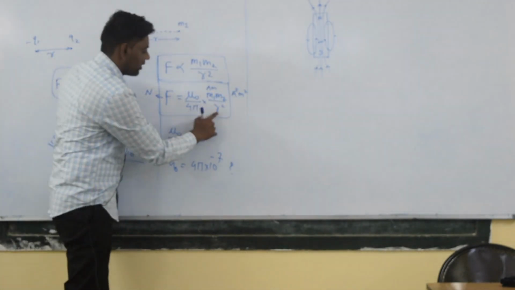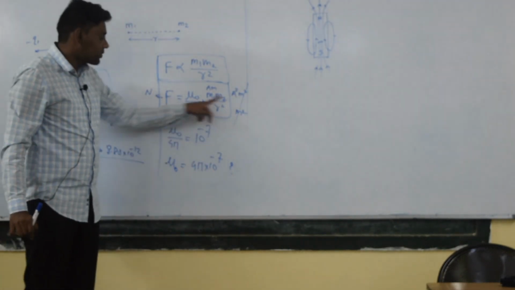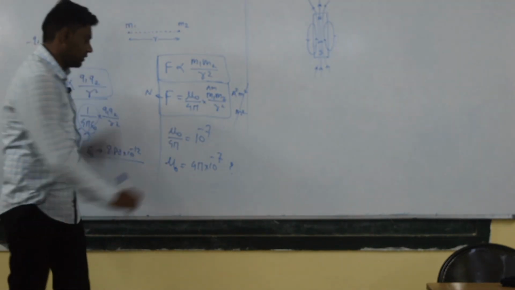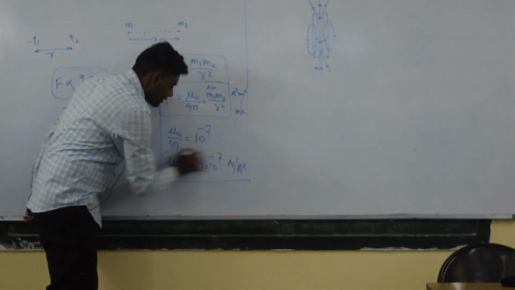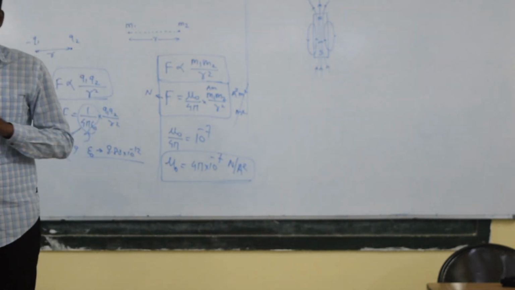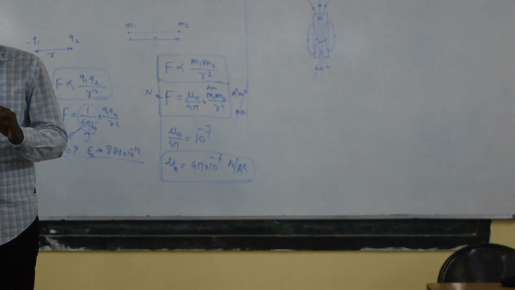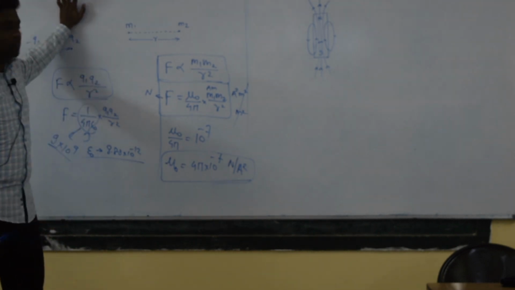And what is the SI unit of r square? That is meter square. Get cancelled. Ampere square goes to the denominator, that is Newton per ampere square. Very good. And it is called the permeability of free space or vacuum. Simple. So this is Coulomb's law.